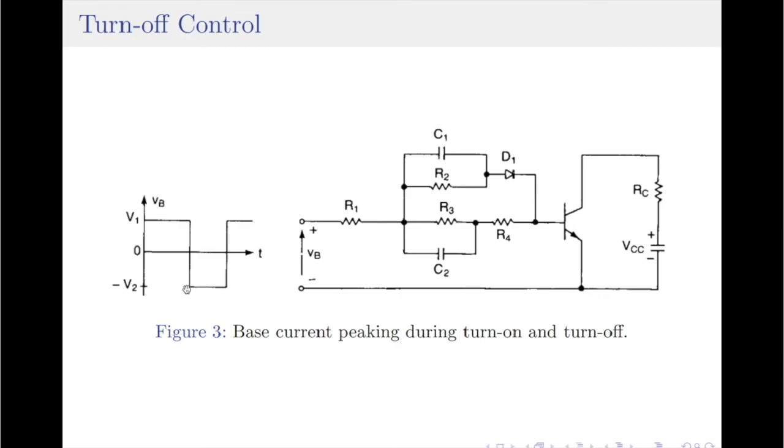Looking into the diagram for the input applied voltage VB, when the voltage is positive, the diode D1 is turned on and all of these components will come into picture to estimate the turn on time. On the other hand, when the voltage is changed to minus V2, which is during the turn off, the diode D1 is reverse biased and only these components will come into picture for computing the turn off time. Therefore, you will obtain different turn on and turn off times using the circuit modification as shown in the diagram here.